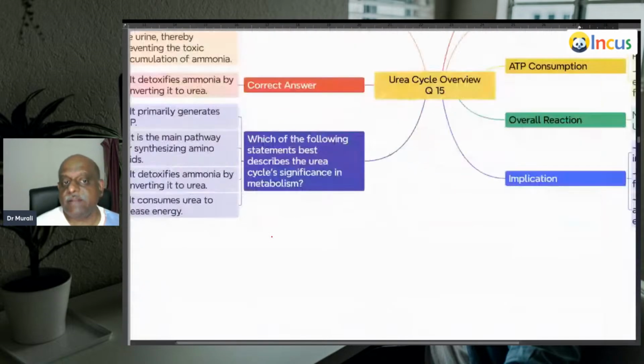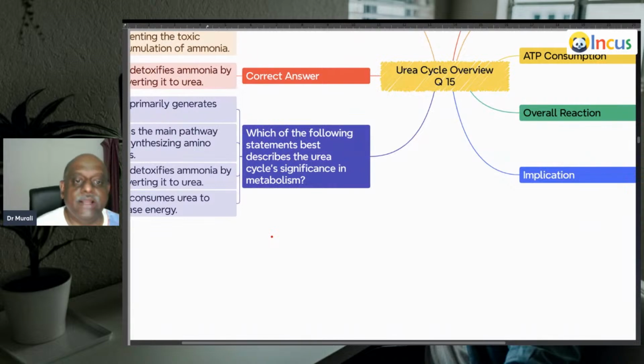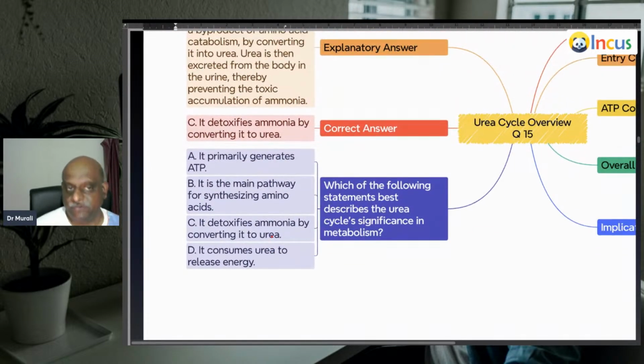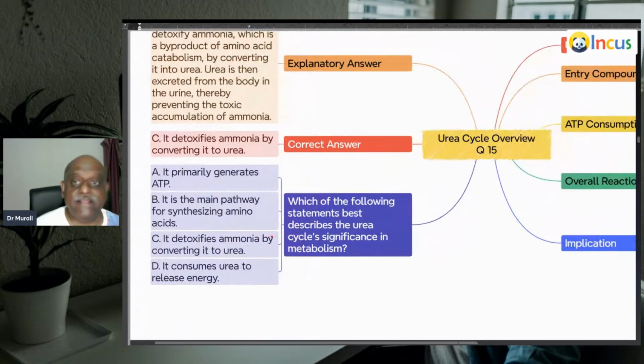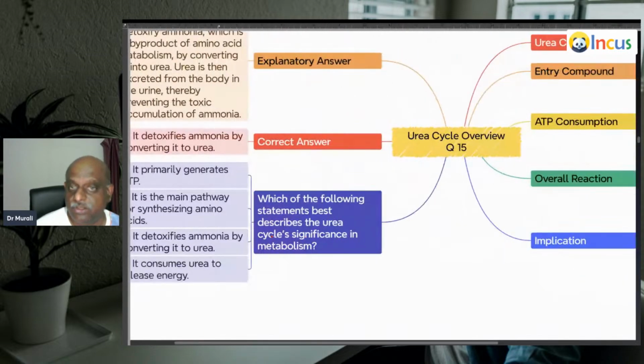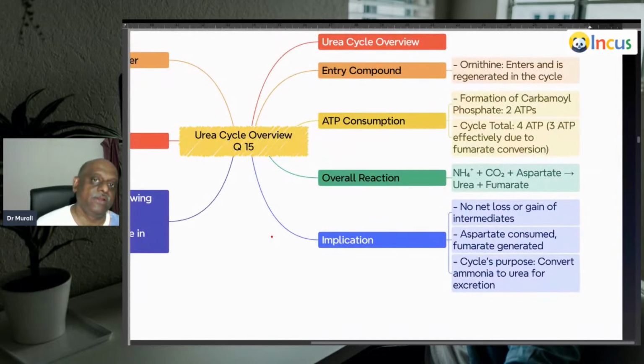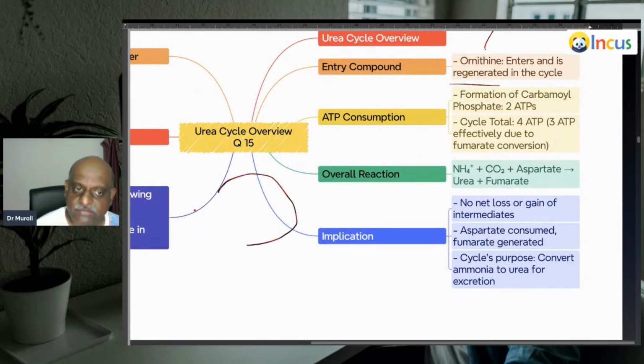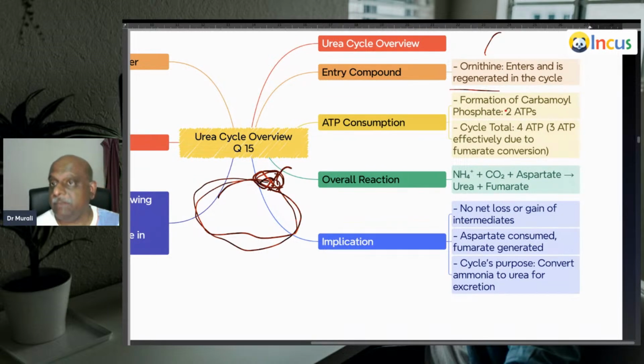Now, doctor, which statement describes the urea cycle significance in metabolism? Obviously, the whole purpose of the urea cycle is to detoxify the ammonia by converting it into urea. So what is the entry compound into the urea cycle, doctor? Ornithine. By the time the cycle is over, ornithine comes in, ornithine gets created. And where is ATP consumed?